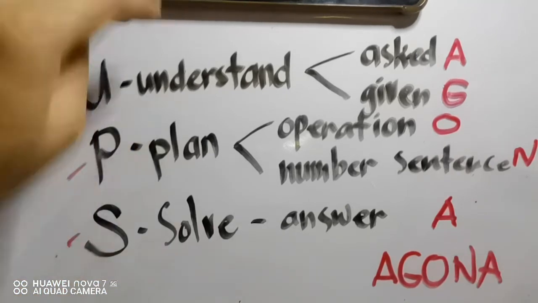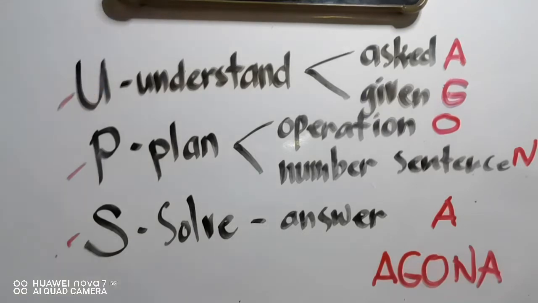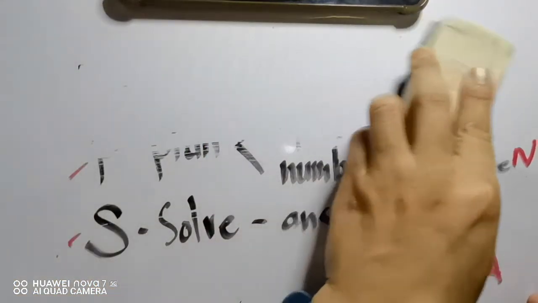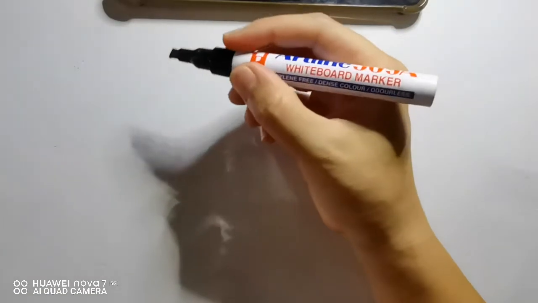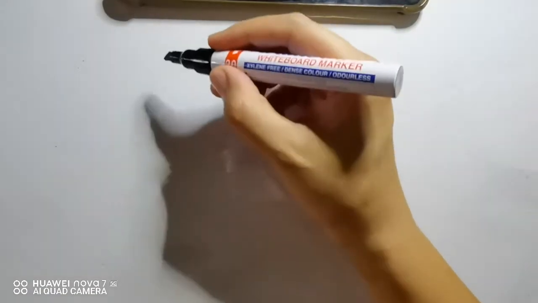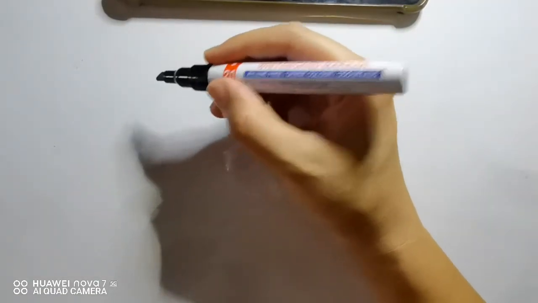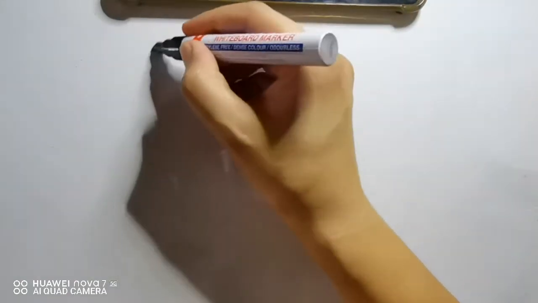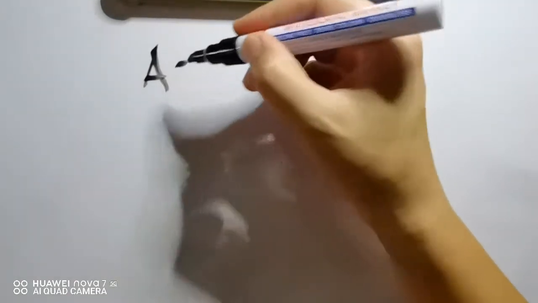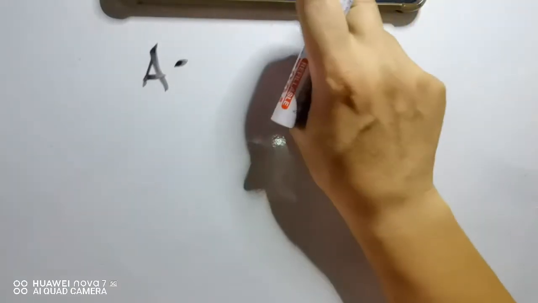Okay, so let us solve for the answer. How do we answer it? Let's first answer the question under ask. A, there is of course the question in the problem, how much did he save?